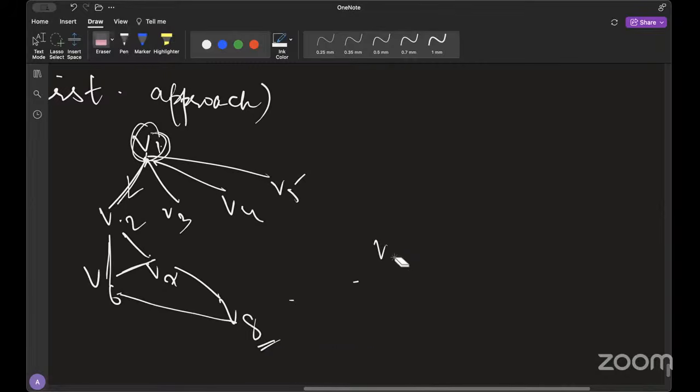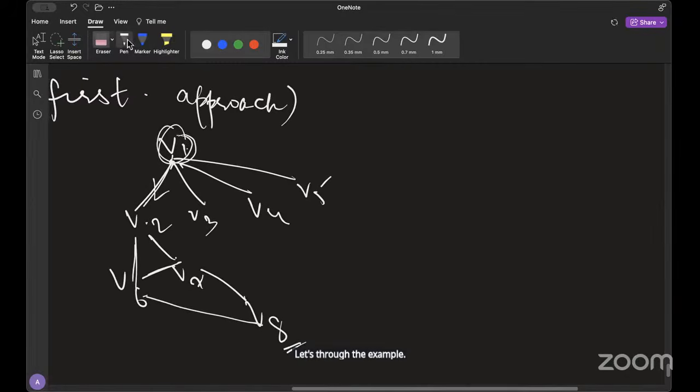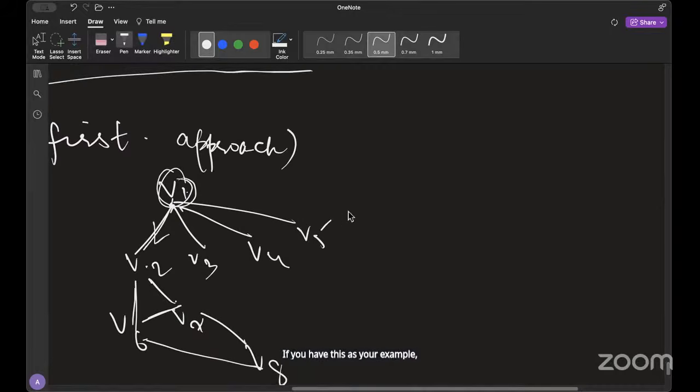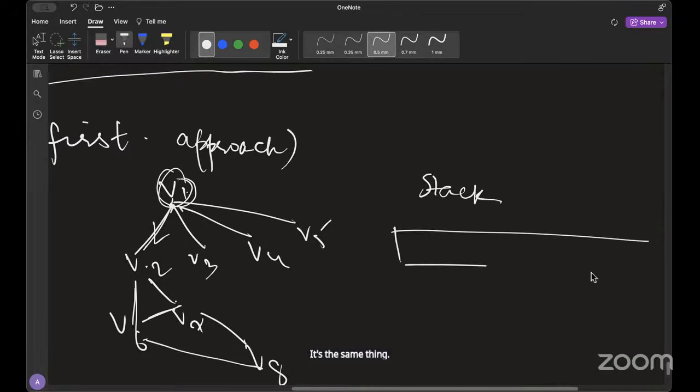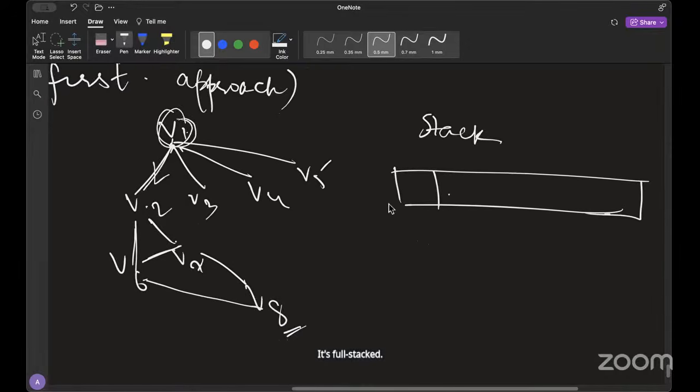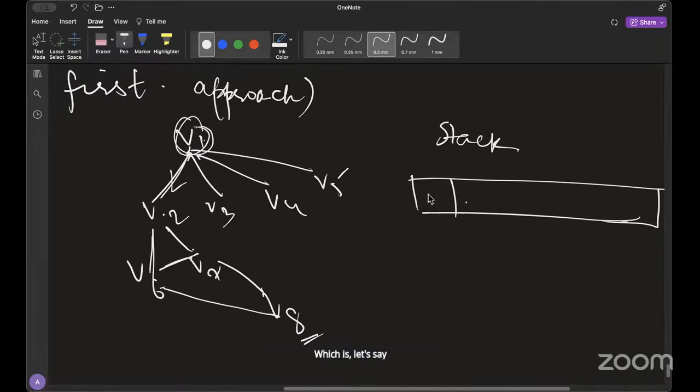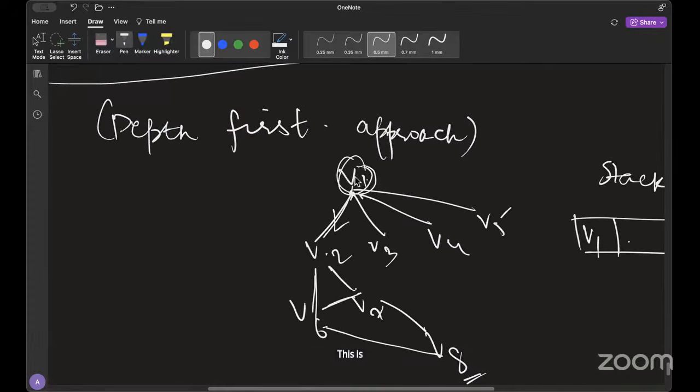Let's do the example. If you have this as your example, and we use a stack here, it's the same thing. It's called a stack. Let's say you're starting your search from V1. This is again an approach to check reachability.